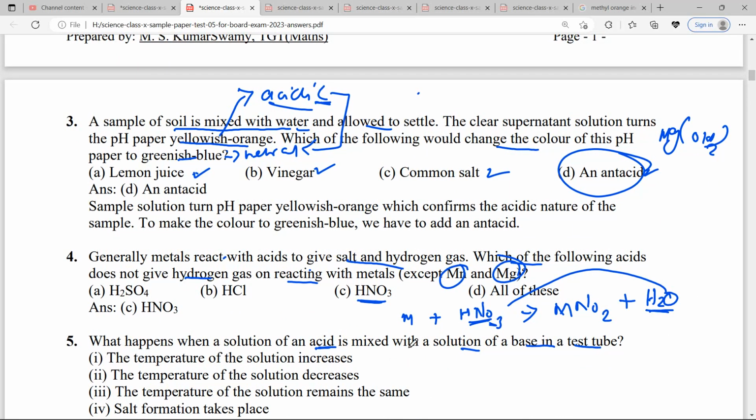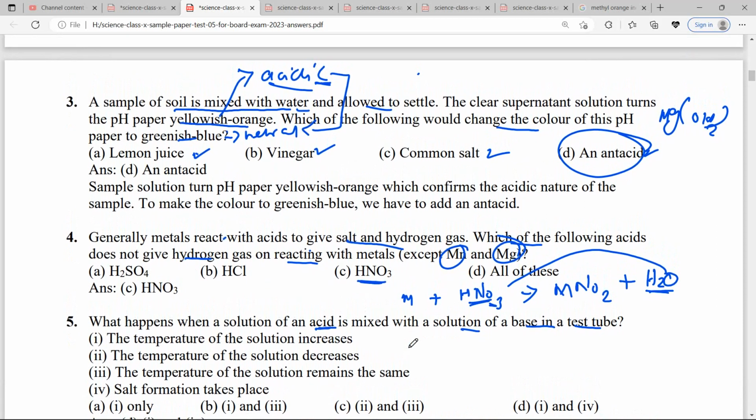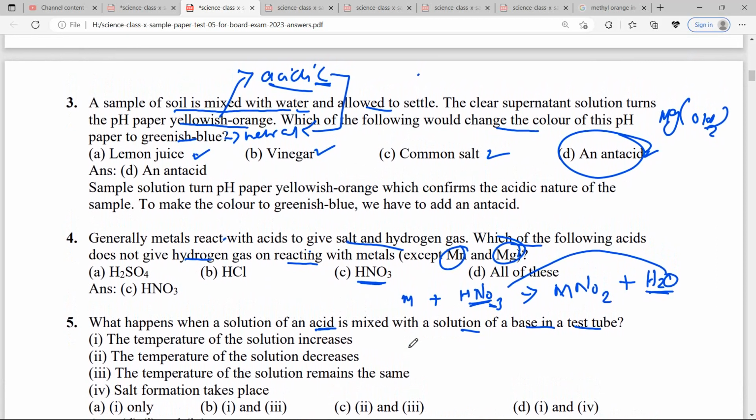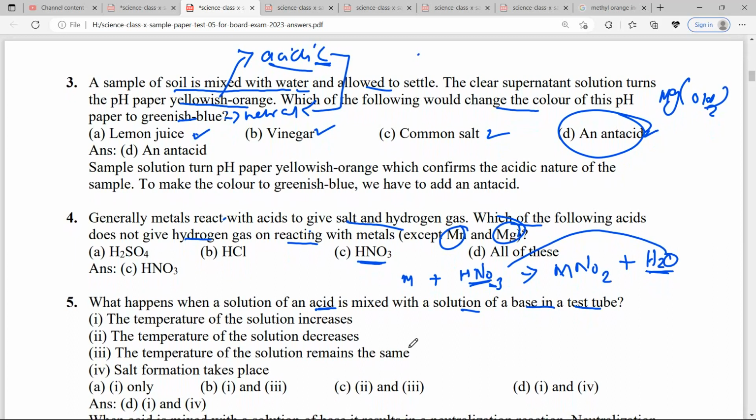Combination options are there: one only, one and two, two and three, one and four. The temperature of the solution increases as well as salt formation takes place. So one and four is the right option.